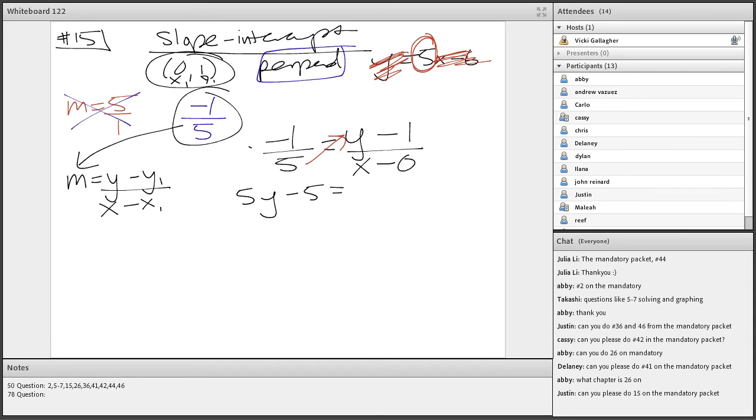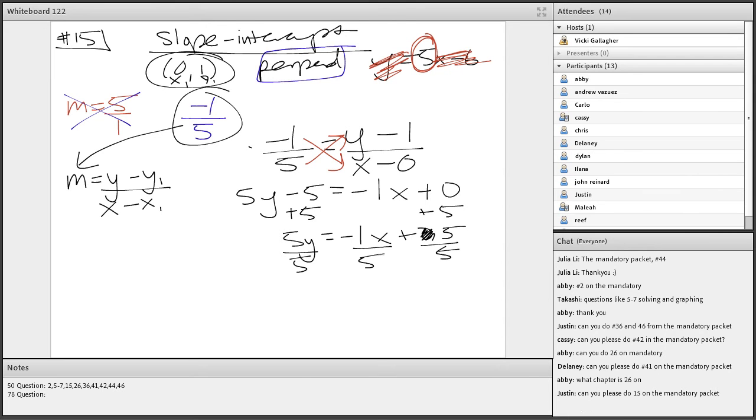And then I'm going to do the negative 1 times the x, and we'll distribute it. We'll move the 5 over. And we'll divide, oops, it's not a 0 anymore. We'll divide everything by 5. And then that's the final answer.